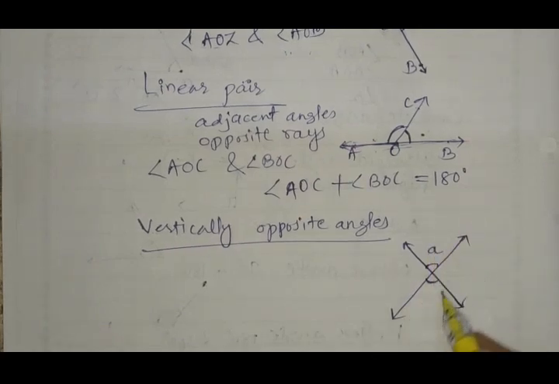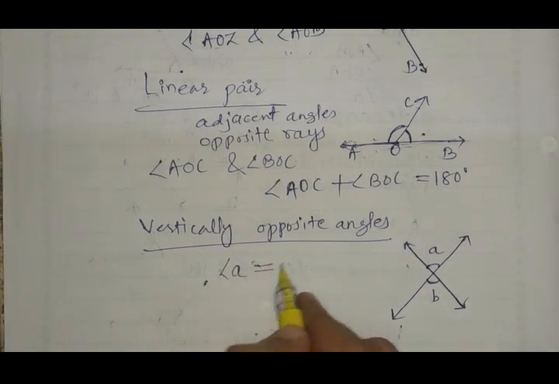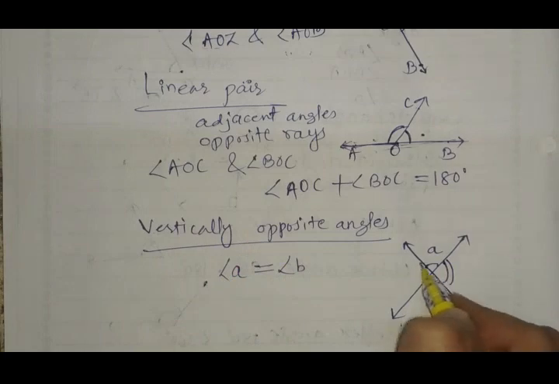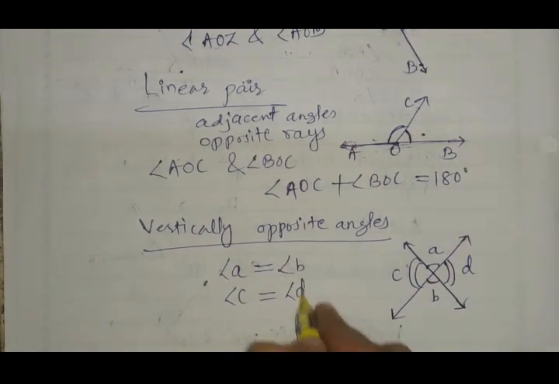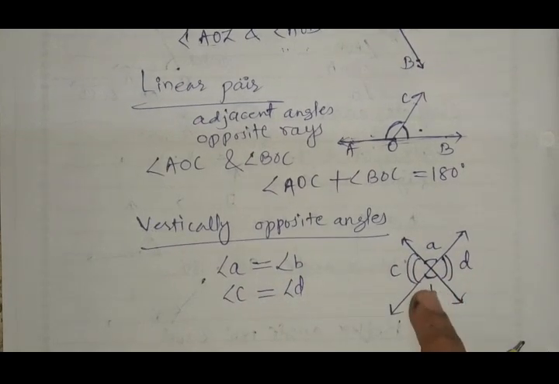Suppose this is angle A and this is angle B. The measurement of angle A is equal to the measurement of angle B. In the same way, this is C and this is D, so angle C is equal to angle D. When the angles are formed by two intersecting lines having no common arm, they are said to be vertically opposite angles, and their measures are equal.